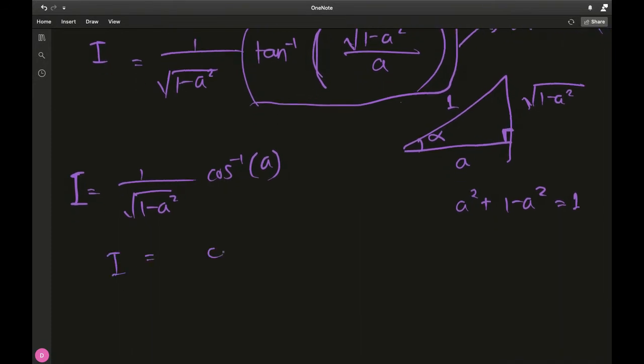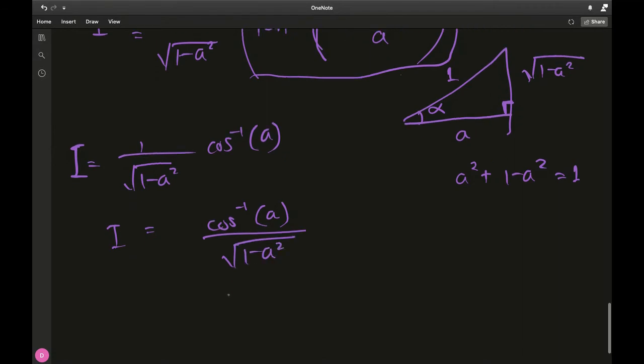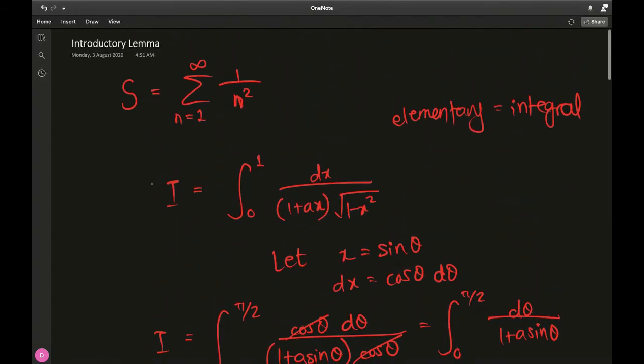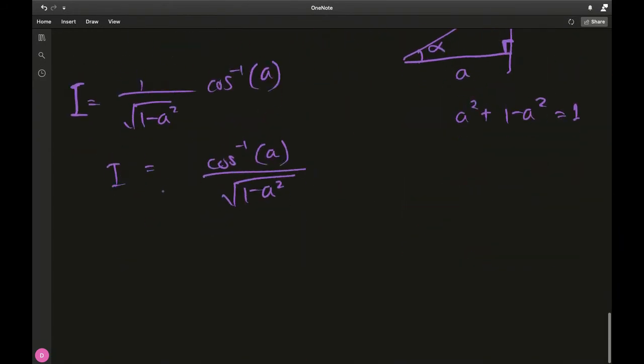So I is just cos inverse a over square root 1 minus a squared. That's I, and that's actually all about our introductory lemma that we need for this proof.